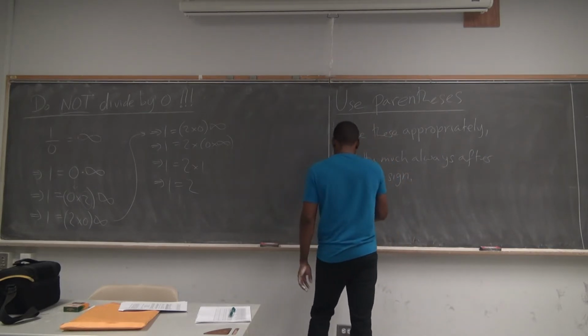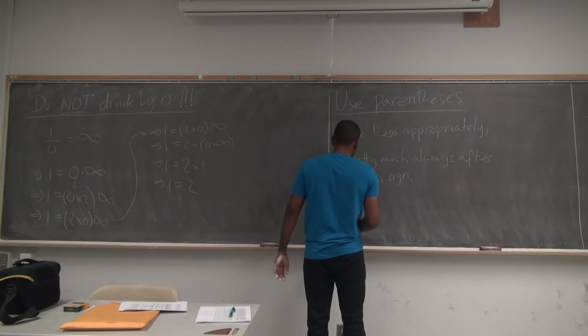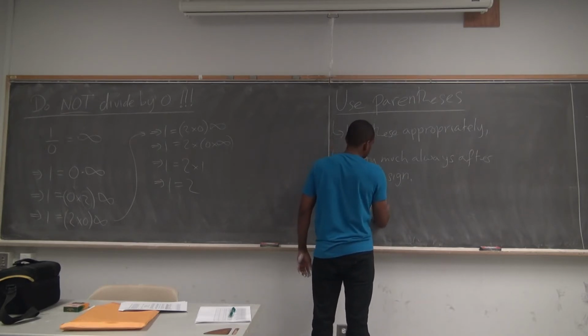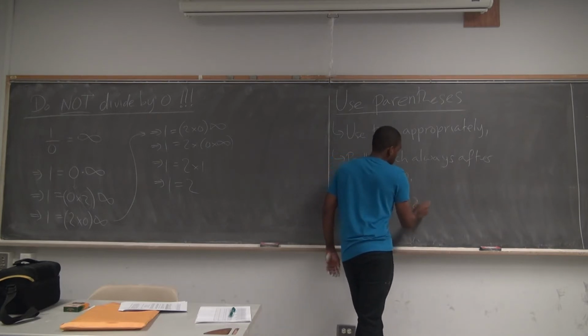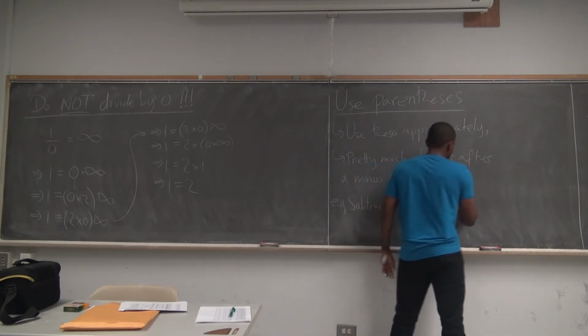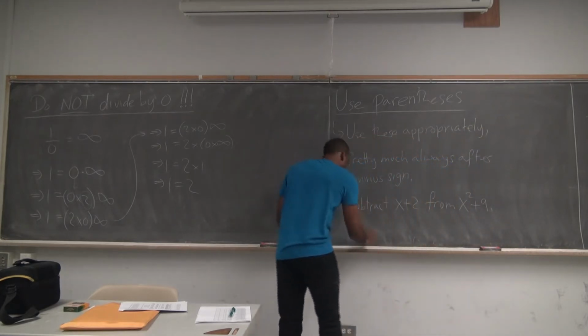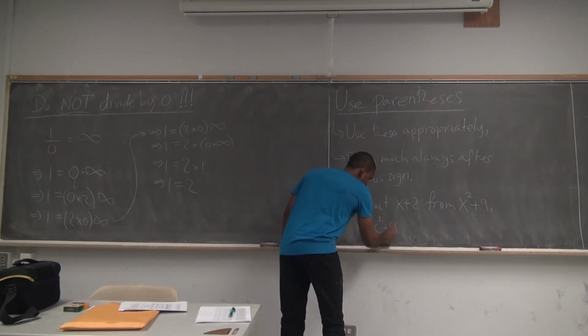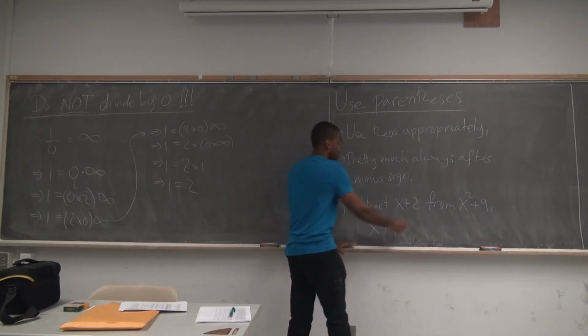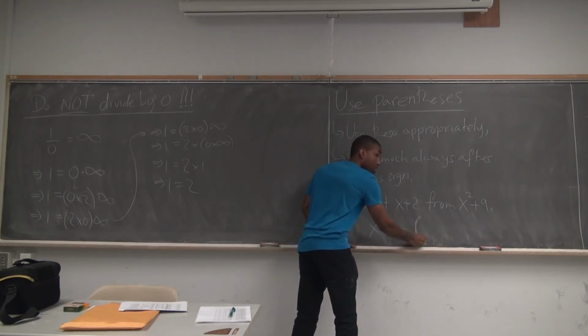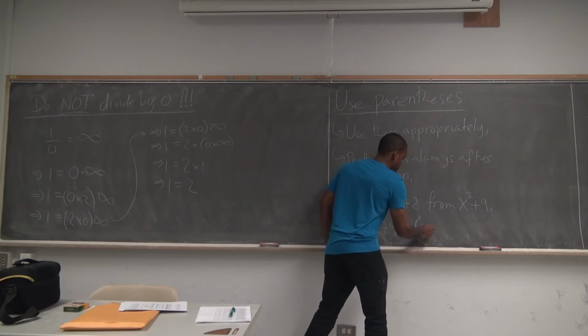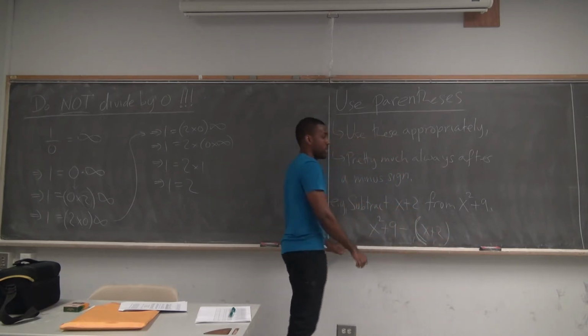So for example, if I say subtract x plus 2 from x squared plus 9, what you would actually do is write x squared plus 9 minus, open a parenthesis here, right? Then you put in that x plus 2, close parenthesis.